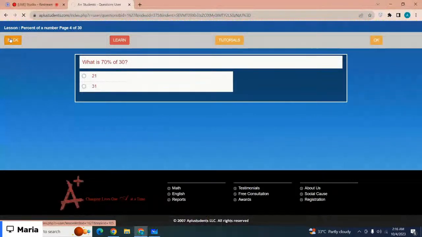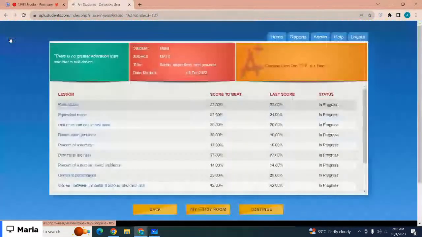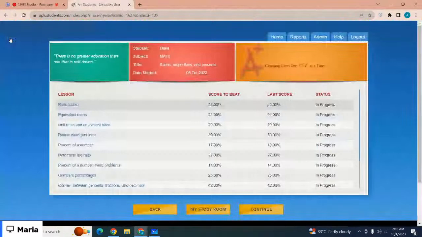The next lesson is determine a ratio. So, what is ratio? What do you know about ratios? You can note down the definition of the ratio.